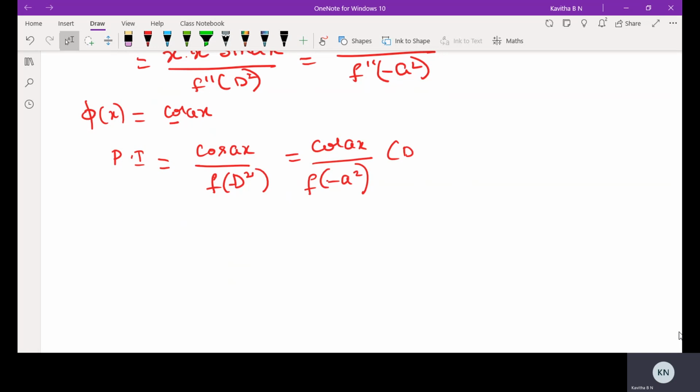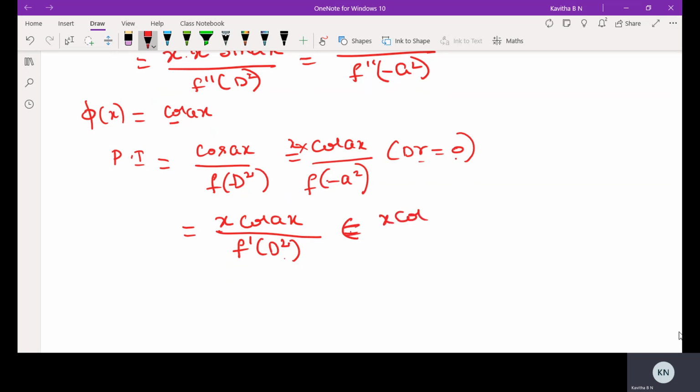If the denominator becomes 0, we multiply x in the numerator into cos ax, divided by f dash of D square. Then again multiply: x cos ax divided by f double dash of D, substituting minus a square.